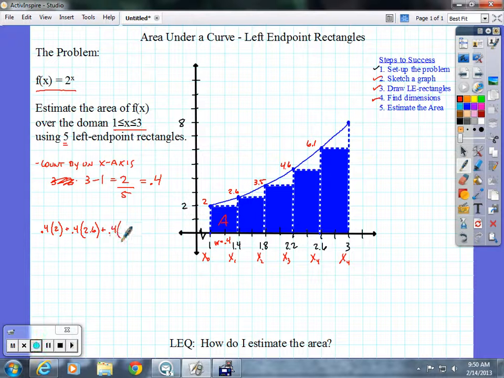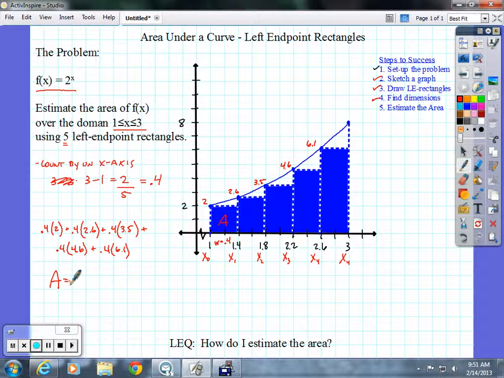Plus 0.4 times 3.5. Plus 0.4 times my next height, which is 4.6. Plus 0.4 times my last height, which is 6.1. And if I add all of those together, I will get my left endpoint area estimate.